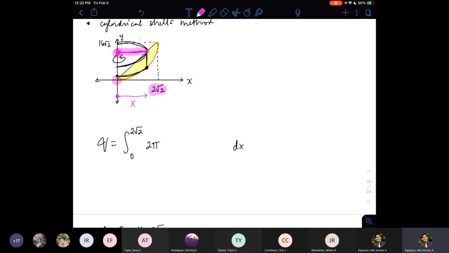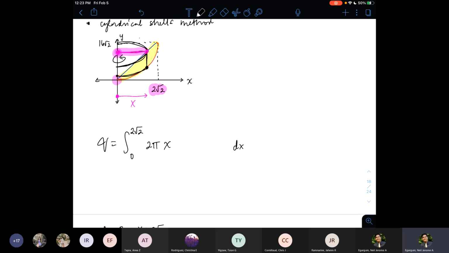Coming from the y-axis towards the right, that's always x units, okay? And the question is, can I put x into my integral? Yes, because I am integrating with respect to x. So the radius is x units. I can put that there.